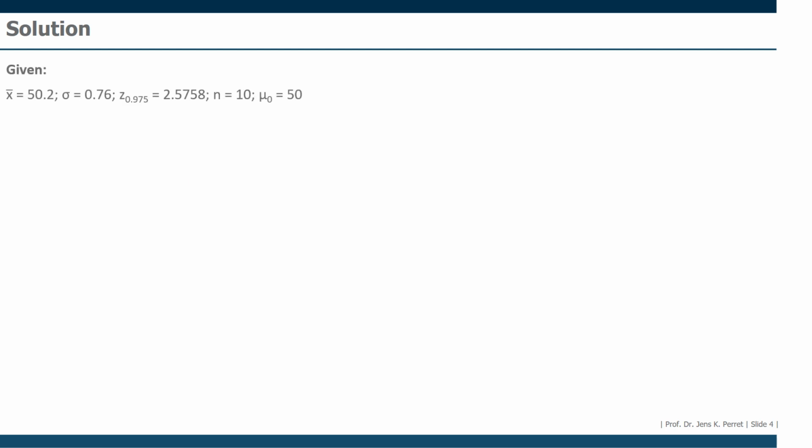Here I just summarized all of our previous results: the calculated arithmetic mean, our standard deviation from the exercise, the Z distribution quantile, the number of observations, and the test value.